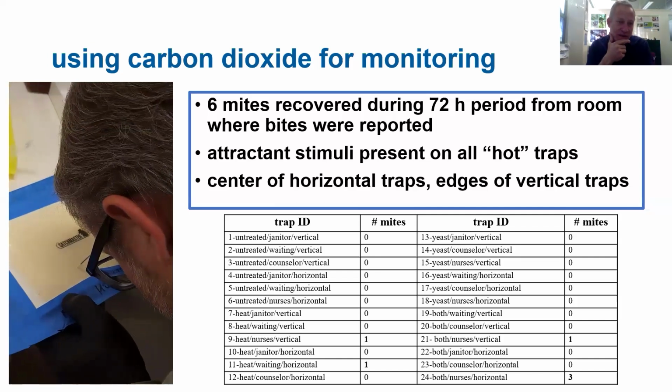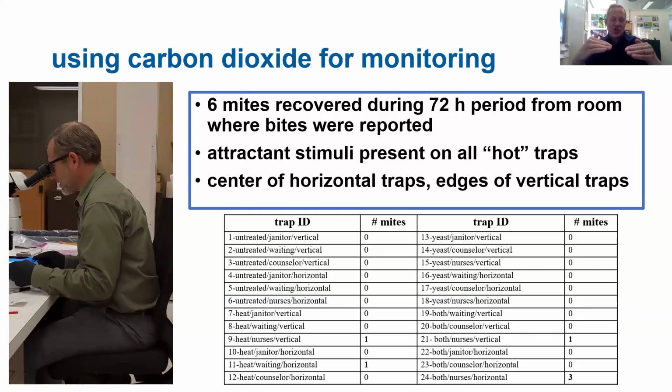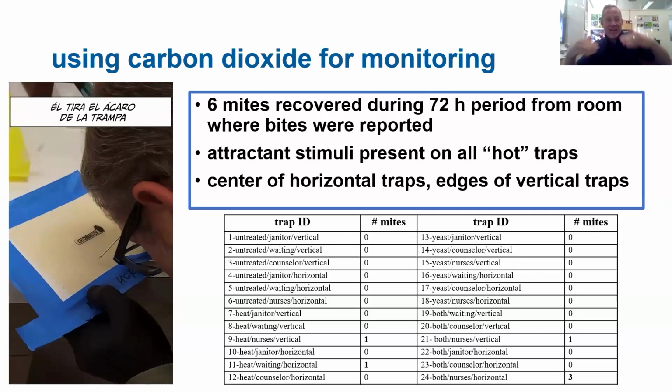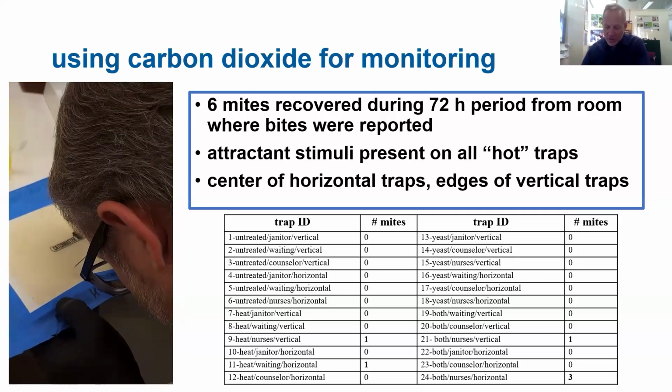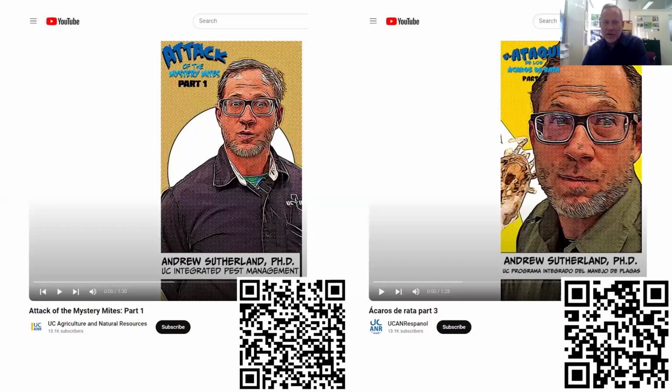Also, you can use painter's tape to make sure that there are no gaps underneath that trap. These mites are looking for tight crevices and they can go right underneath your glue traps and they will not get caught. All of the videos that are describing this work are found on YouTube in the UCANR YouTube channel.